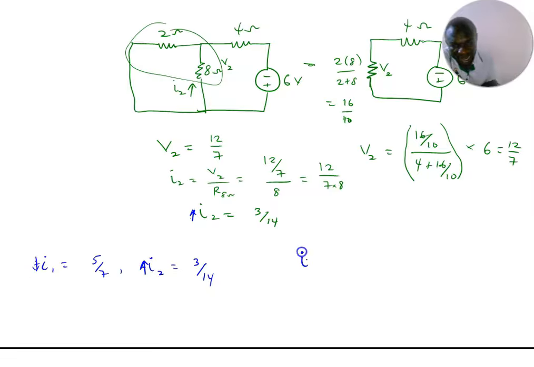So to find I is simply going to be I1 minus I2, right? And this is going to give us 5 on 7 minus 3 on 14. And this is going to be 5 times 2 on 7 times 2 minus 3 on 14.